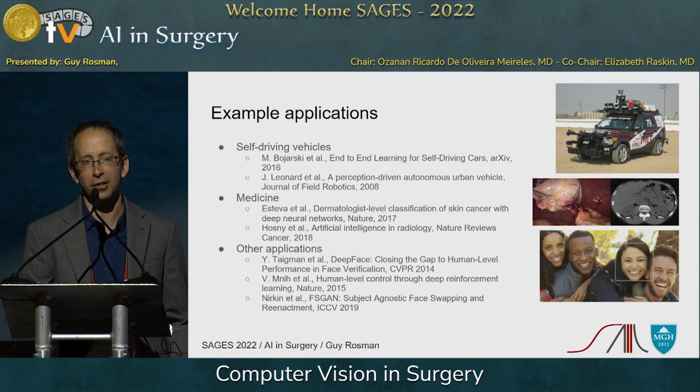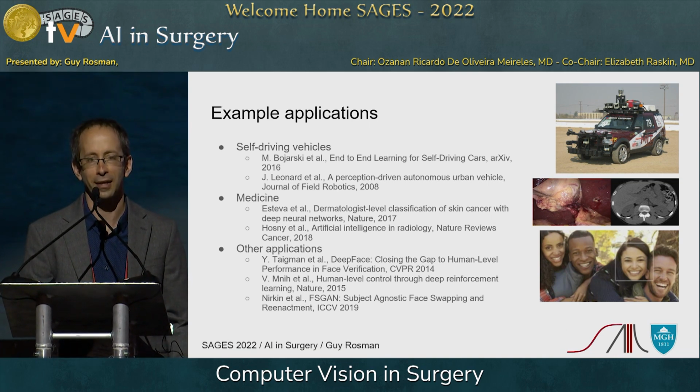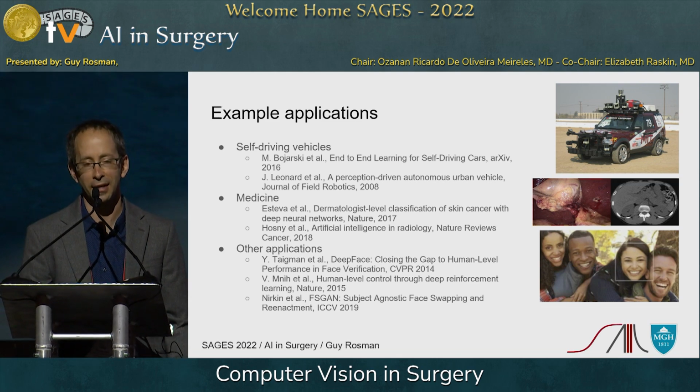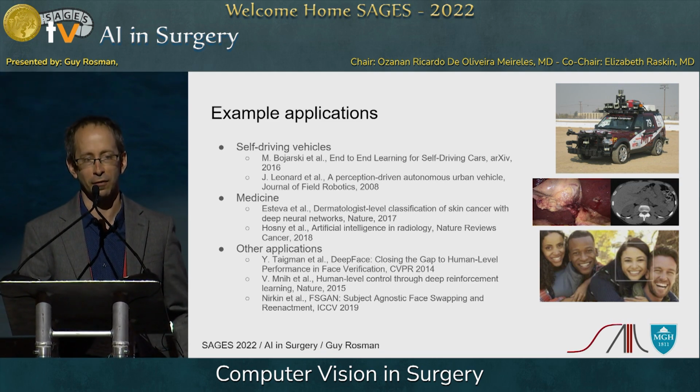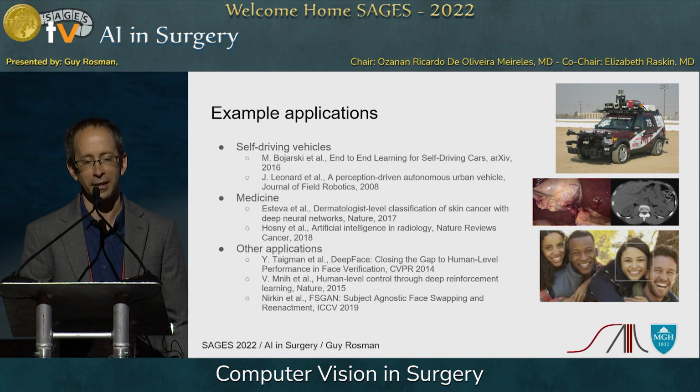And finally, there's a lot of impact through more day-to-day computer vision tasks in terms of recognizing faces and in terms of being able to make sequential decisions, such as even the results on Atari games or beating humans at Go. All of these are basically heavily influenced by computer vision.